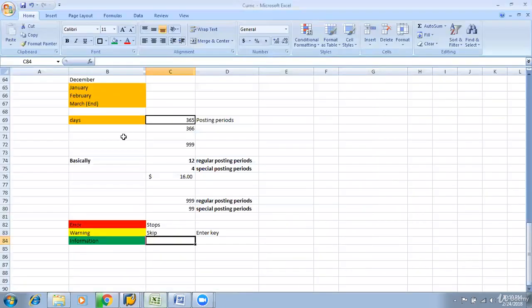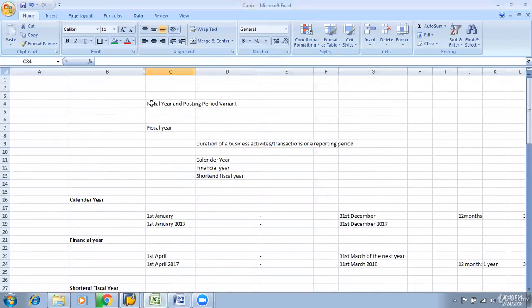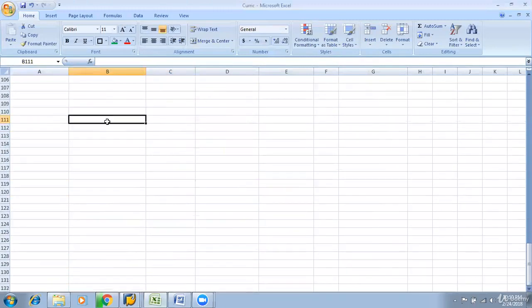Next, we are done with fiscal year variant. Now, let's head on to posting period variant. Now, what does a posting period variant mean?